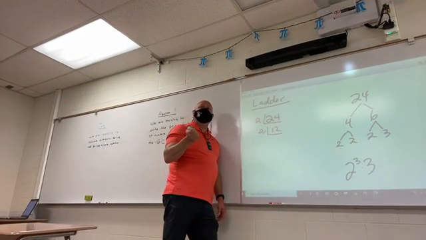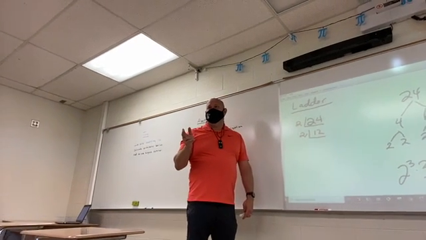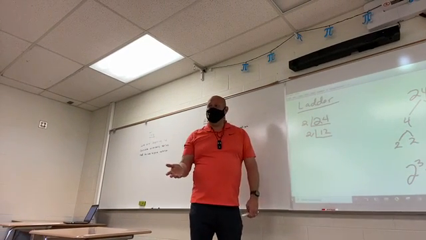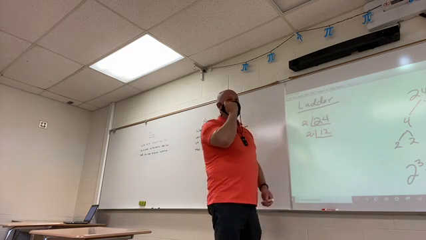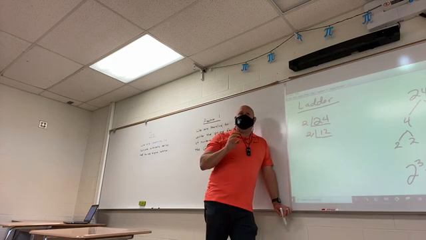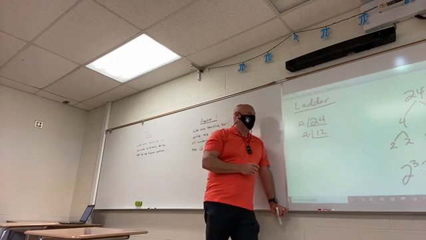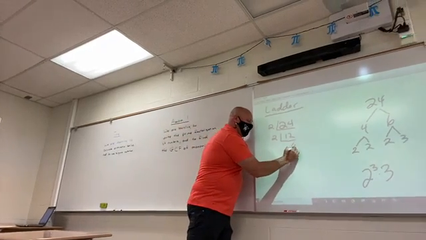I wouldn't want to do 4. Why would I not want to do 4? 4 is not a prime number, right? So the ladder method, you really want to be careful and try not to use composite numbers. You don't want to use numbers like 4 and 6. So 12 divided by 2 is 6.